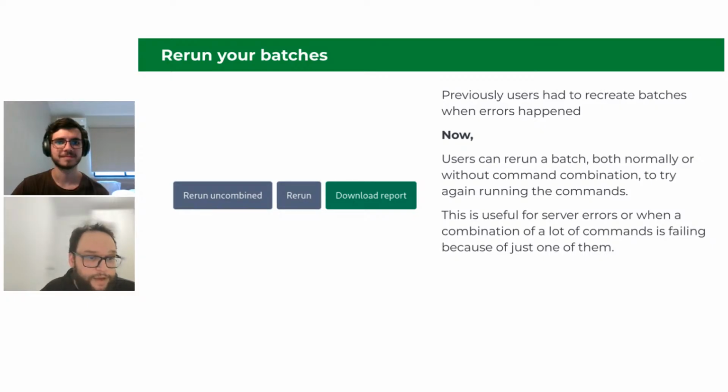So if you leave that page, you lose the commands that you already have. Now you can come back and rerun the errors on your batch at any time, from the time that you created the batch until later, once you come back to that batch, right?